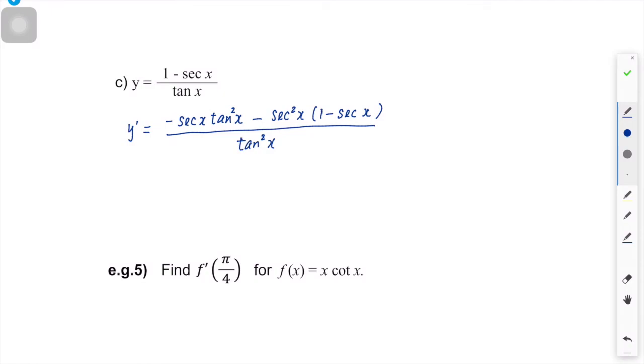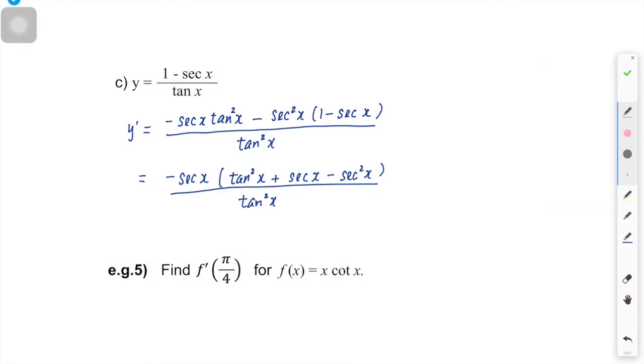I see common factors here. I'm going to factor out negative secant x. So I have tan square x plus secant x multiplied by 1 minus secant x. So I'm just going to expand that as well. So this is plus 1 times secant x and then minus secant square x, all over tan square x. Okay.